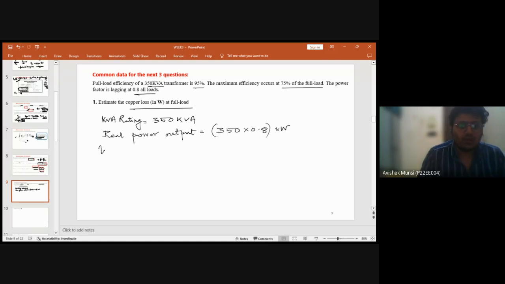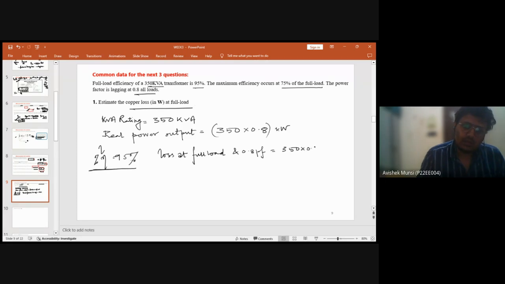So what will be the loss then? The percentage efficiency is 95%. So the loss at full load and 0.8 power factor is this output power into (100/95 minus 1).